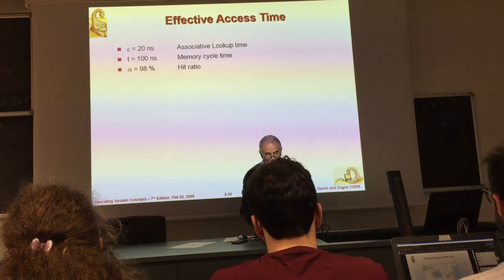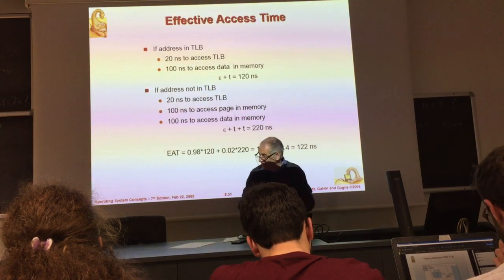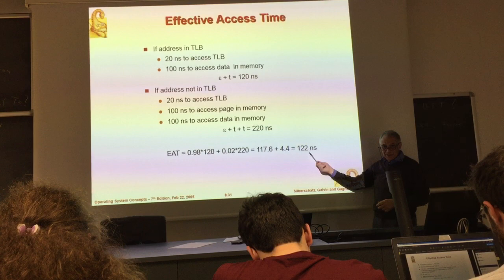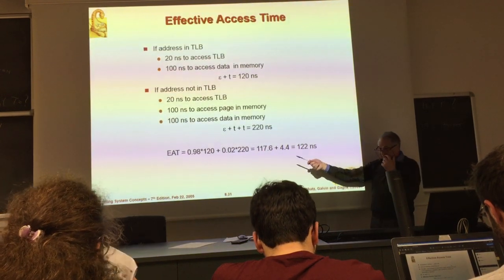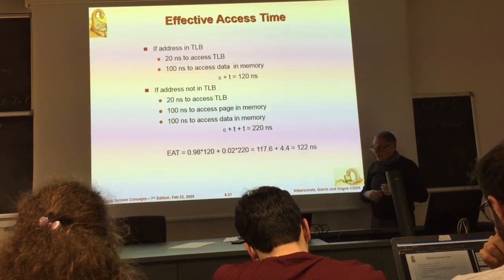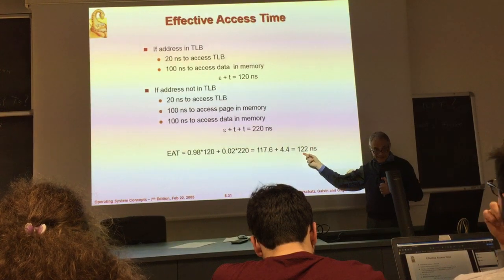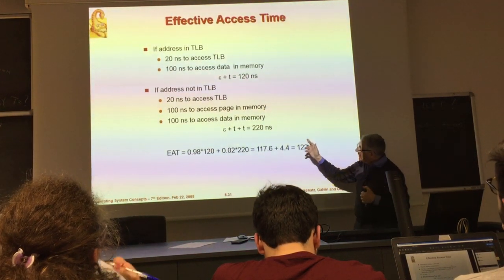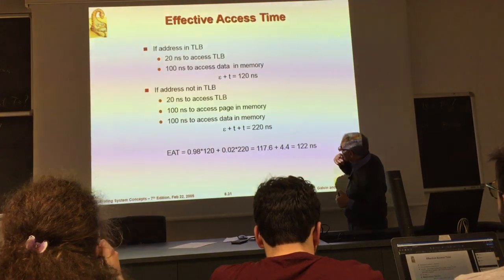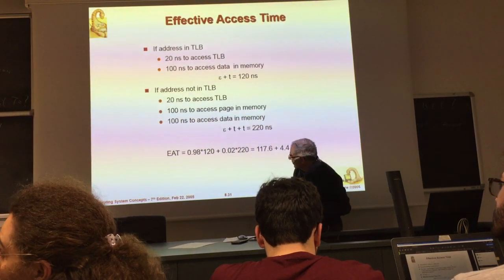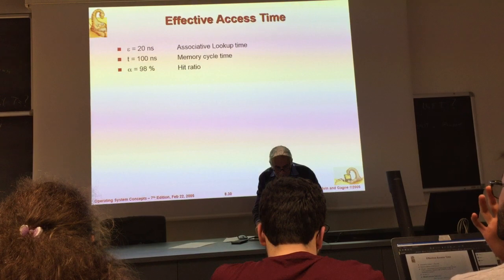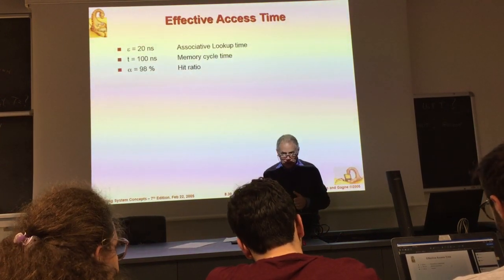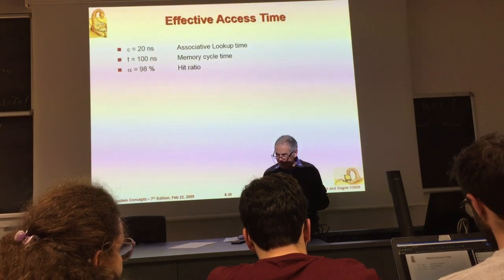Well, with some values here, it's not important. What is important here is that you get this information. So the effective access time grows by 22%, okay, with these numbers. And here we use the probability, I don't remember exactly, 98%, that is reasonable. Normally you may have even more.